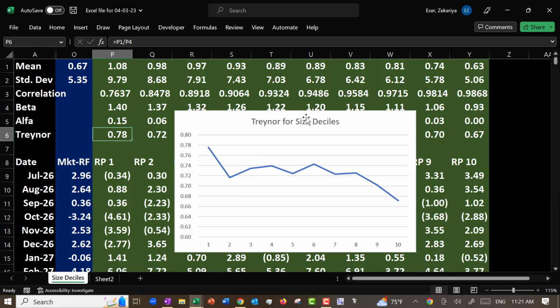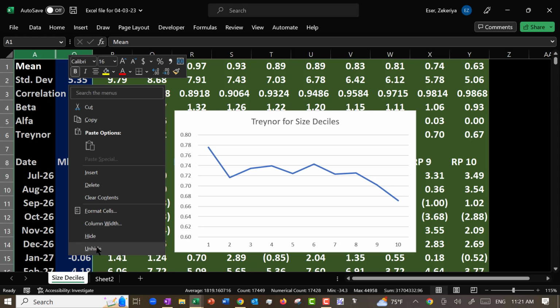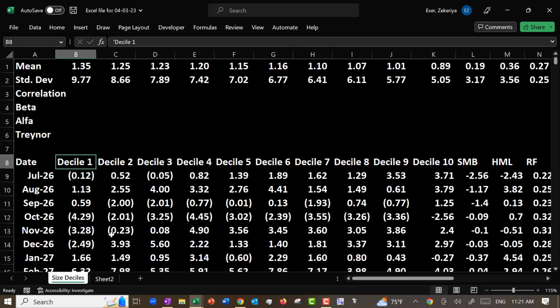I kept the file we had from last time because other than the returns for the individual portfolios, all the setup is there. All I have to do is unhide these, get the returns from decile 1 to decile 10, but based on sorts of book to market.